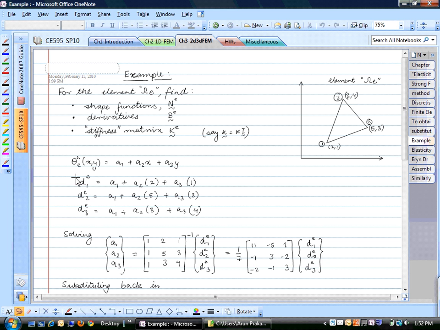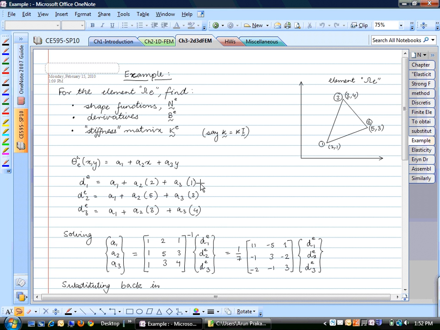All we need to do now is plug in the coordinates of our nodes. We know that the temperature at node 1 we want to be dE1, which is still an unknown, equal to the x coordinate 2 and the y coordinate of this point here.